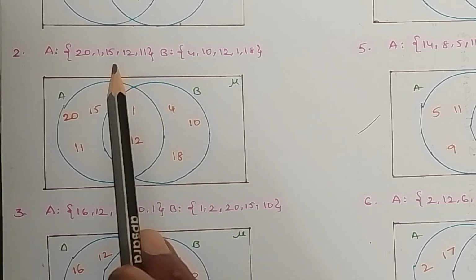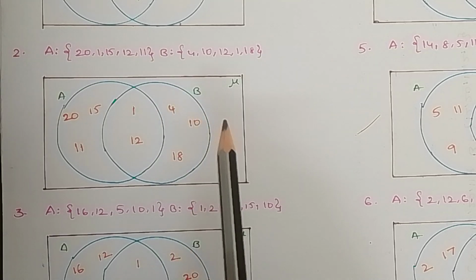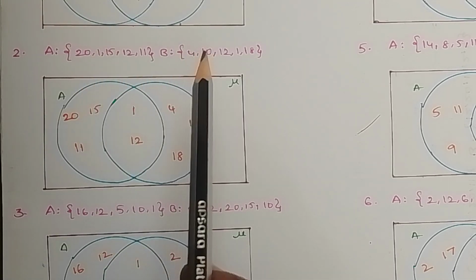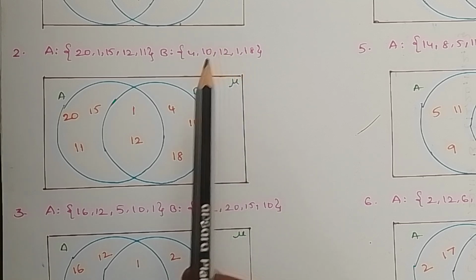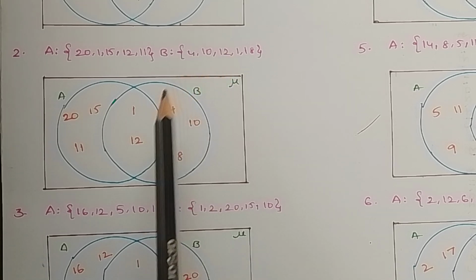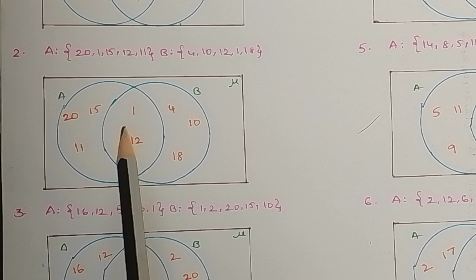First of all we need to write the common elements in both the sets. Which are repeated here? 1 is in set A and 1 is in set B also. 12 is in set A and 12 is in set B also. These two elements we write in the middle region.